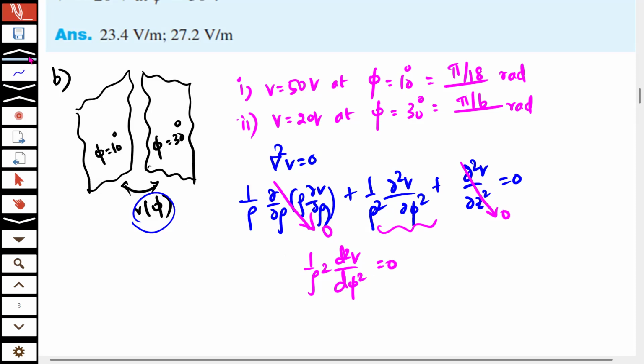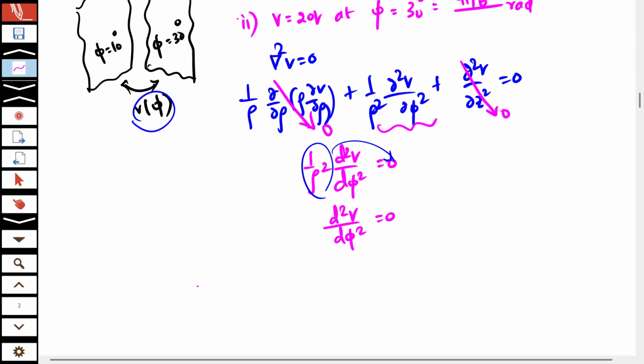Now this 1 by rho square, if I bring it to the right hand side, multiplying with 0 will give 0. The differential equation is d square V by d phi square equals 0. Now we have to integrate with respect to phi twice to get the function V. Integrating with respect to phi once will give dV by d phi, and integration of 0 is 0 plus integration constant c1.